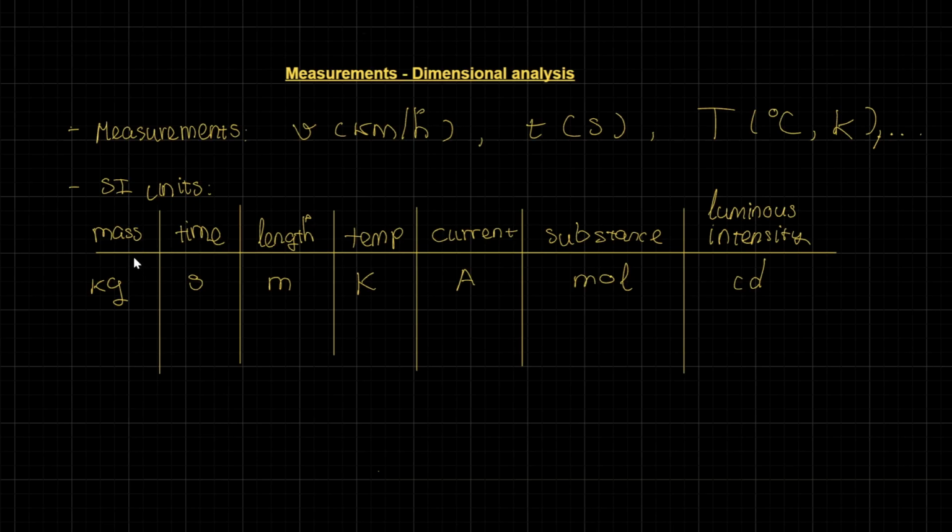You can search for the full list on the internet, but here we have the most commonly used ones: kilogram for mass, second for time, meter for length, Kelvin for temperature, ampere for current, mole for the amount of substance, and candela for luminous intensity.